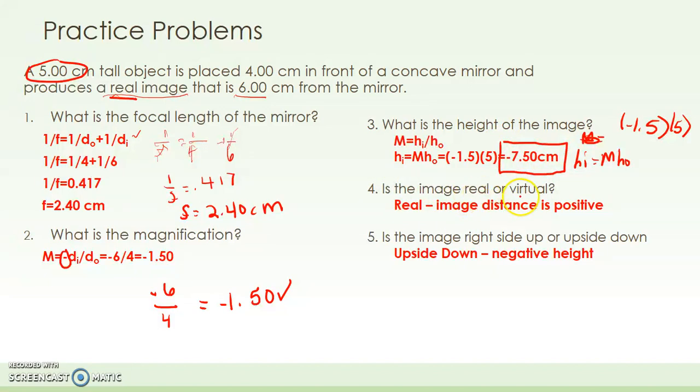So is the image real or virtual? Real, and the image distance is positive. That's how we know that. And then it's asking if the image is right side up or upside down. And it's upside down because it has a negative height. So make sure you get those correct.